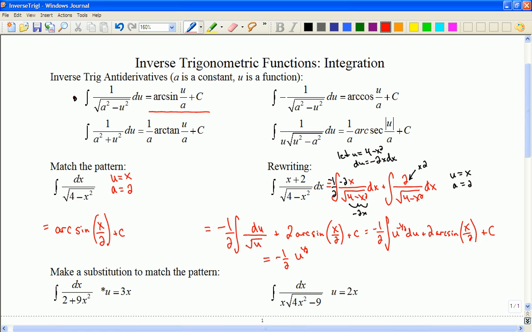So I add 1, and I divide by the new exponent, plus 2 arc sine x over 2 and a constant. Because I'm multiplying by 1/2 and dividing by 1/2, those won't be there. And I can have a final integral for you: negative root u plus 2 arc sine x over 2 and a constant.